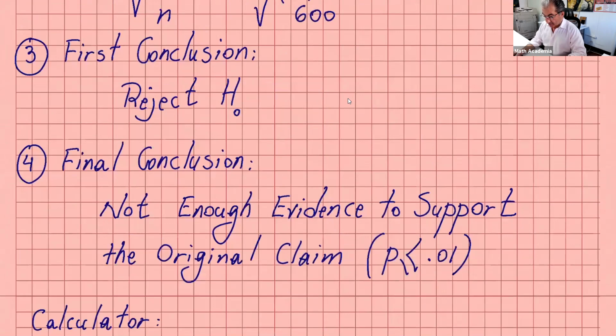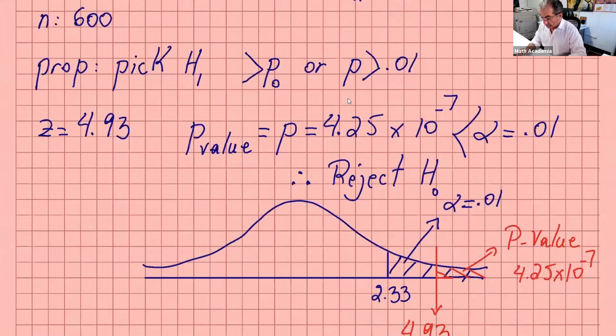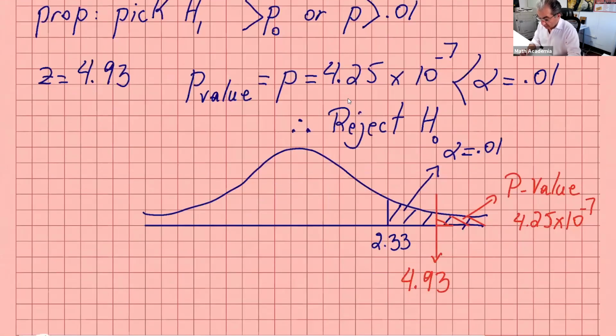So if P value is less than alpha, then we know what the P value is. P value is this red area, the one that I'm shading now, after the test statistic, which was 4.93, and that's much smaller than this whole area.